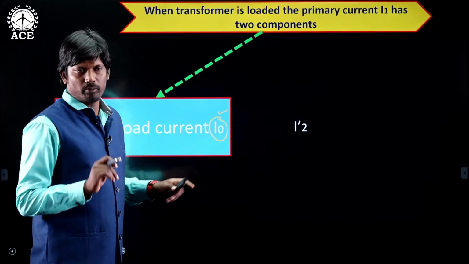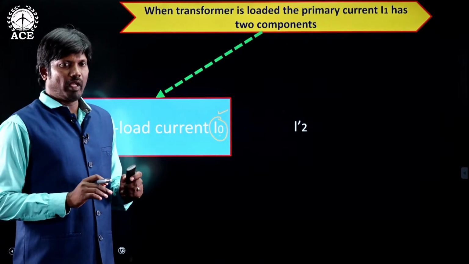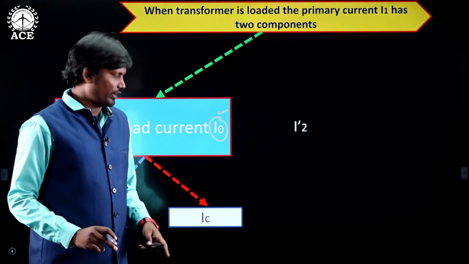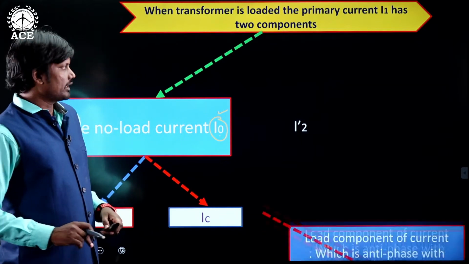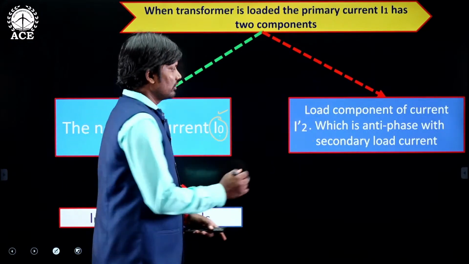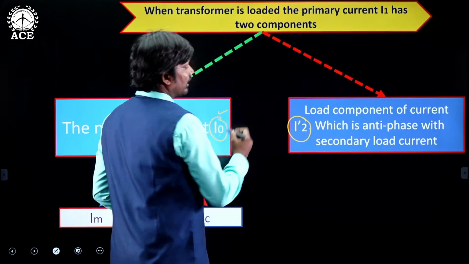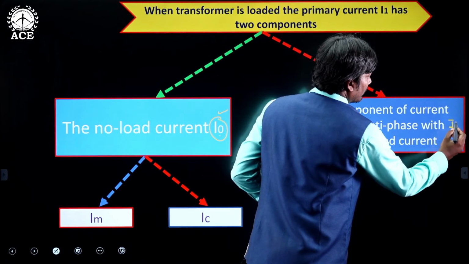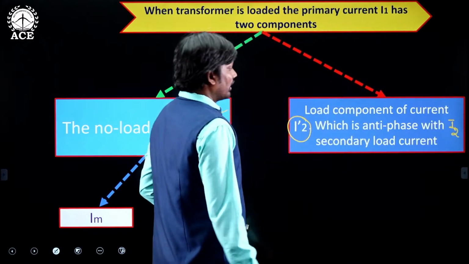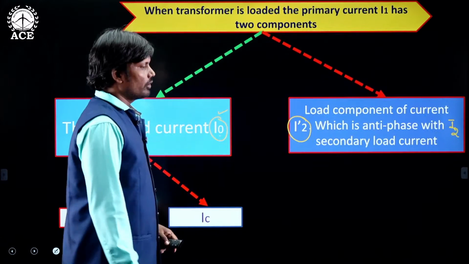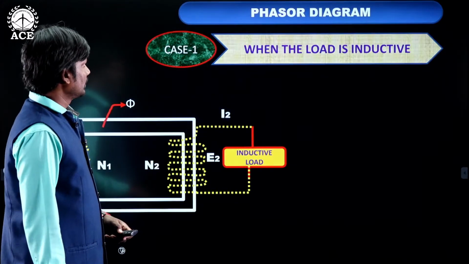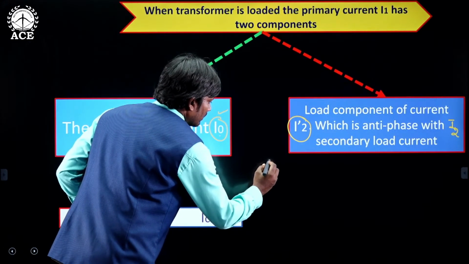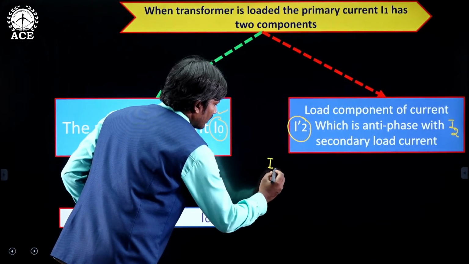It has two components: the magnetizing component of no load current, and the core loss component, IC. The second one is the load component of the primary current, that is I2 dash, which is in antiphase with I2, the secondary load current.